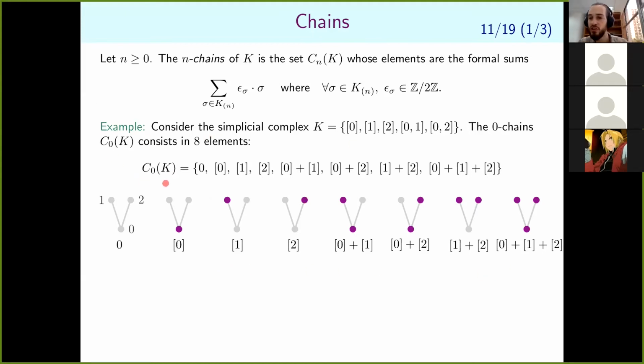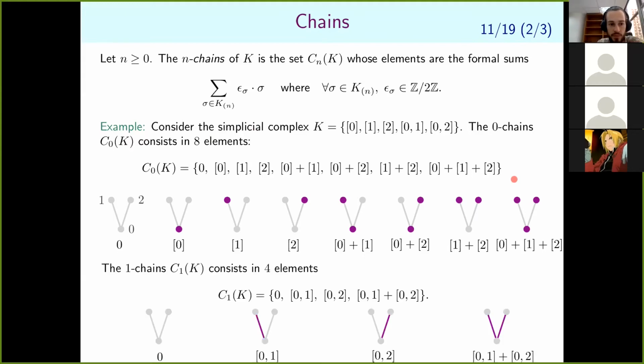The set of 0 chains is an abstract set that contains linear combinations of the simplices. The 1 chains are the set of linear combinations of 1 simplices.